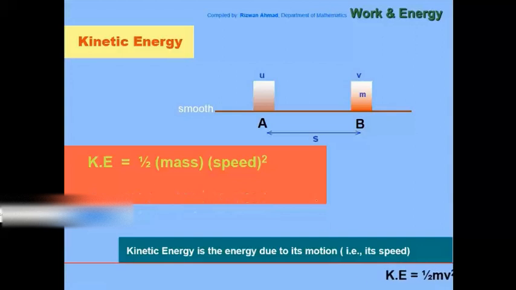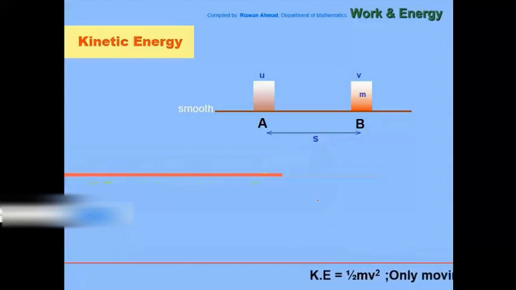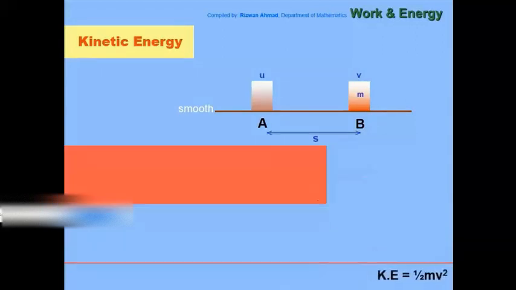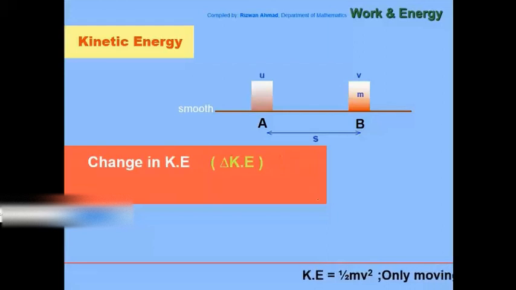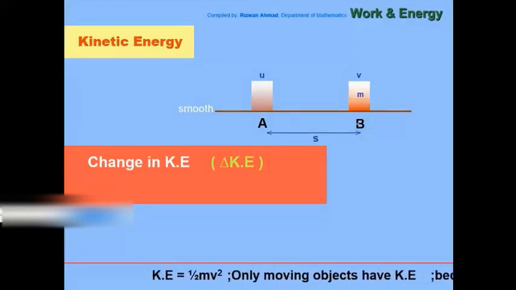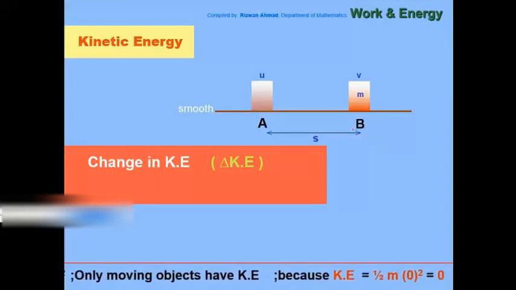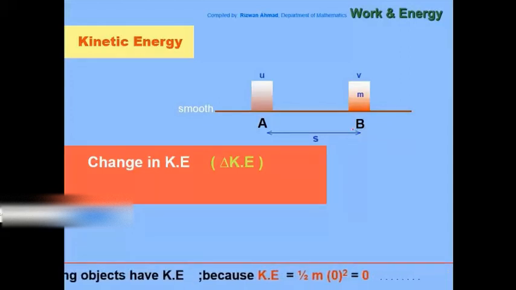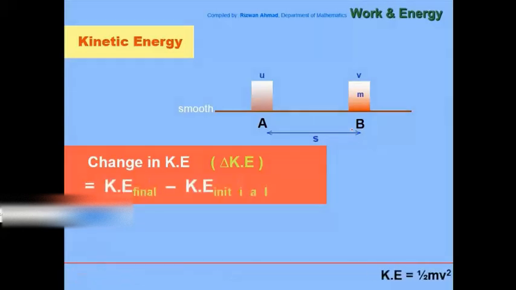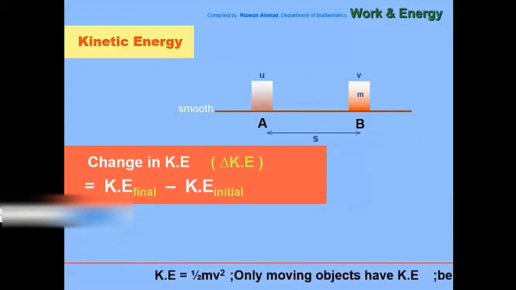Right? So then, the change in the kinetic energy when it moves from point A to point B. What is the change? Change, as you know, is always the final value minus the initial value. So it will be the final kinetic energy minus the initial kinetic energy, and we denote it with delta KE.